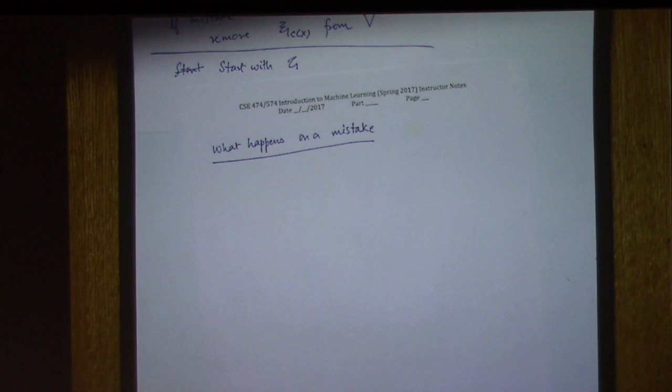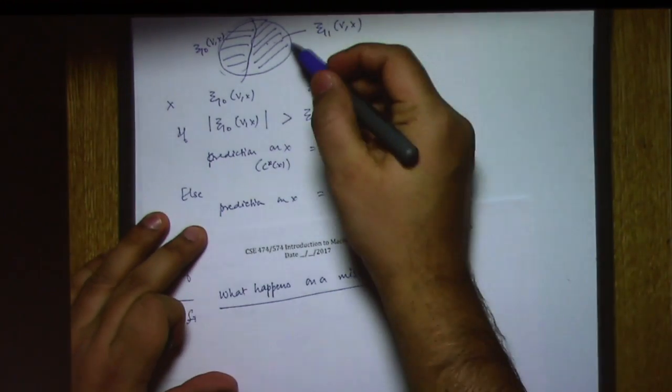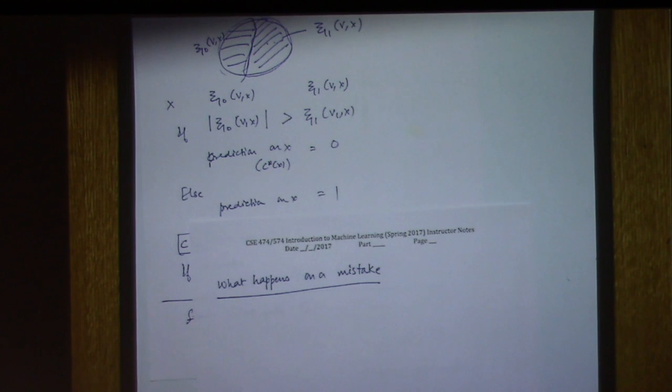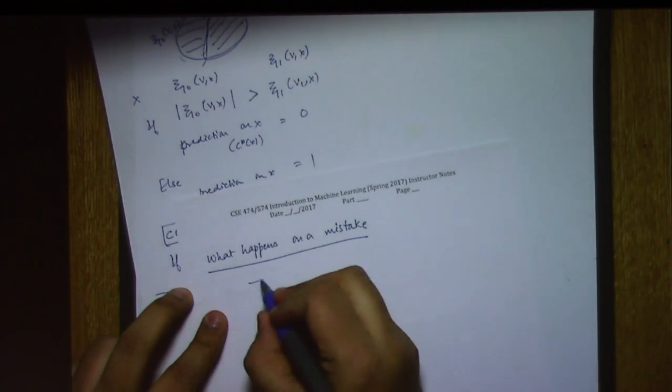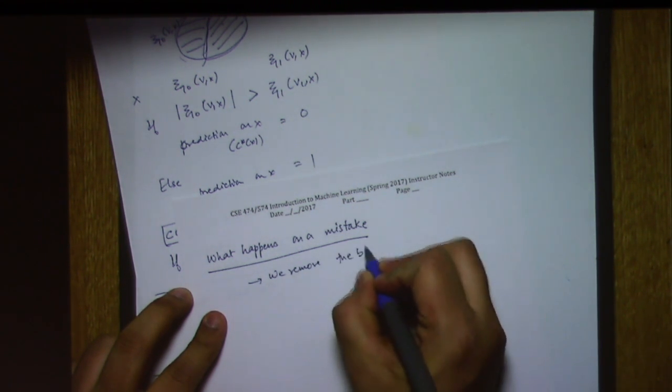Worst case, you can reduce it by half, or you could reduce it by more than half. It will always be either half or more than half, because you would have chosen the set which is bigger. So that's where you would have made a mistake, and you would always remove the bigger set. What happens on a mistake is we remove the bigger chunk.